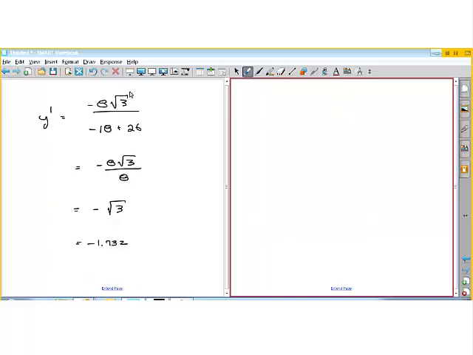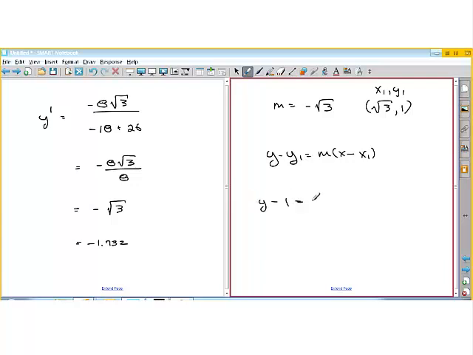Now, equation of the tangent line. So m is equal to negative the square root of 3. The point was (the square root of 3, 1). So this is x1. This is y1. That's m. So obviously it's a piece of cake here to just plug it in.